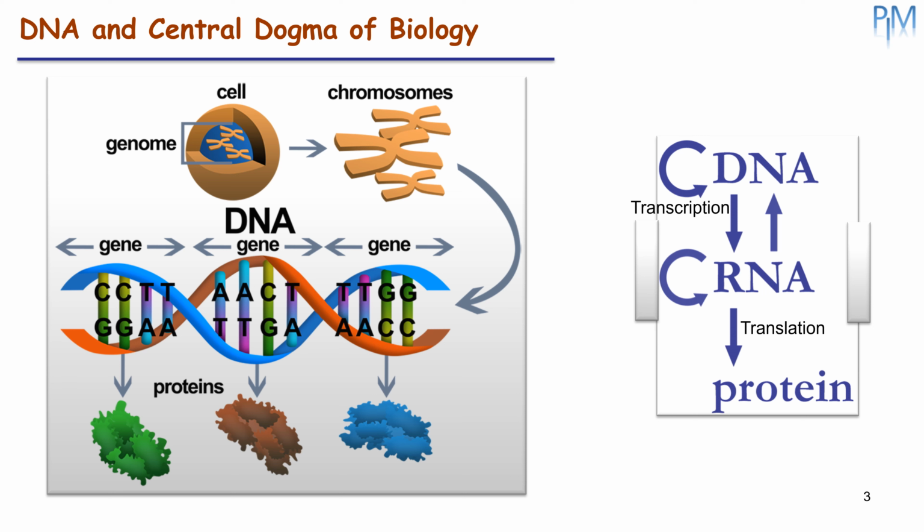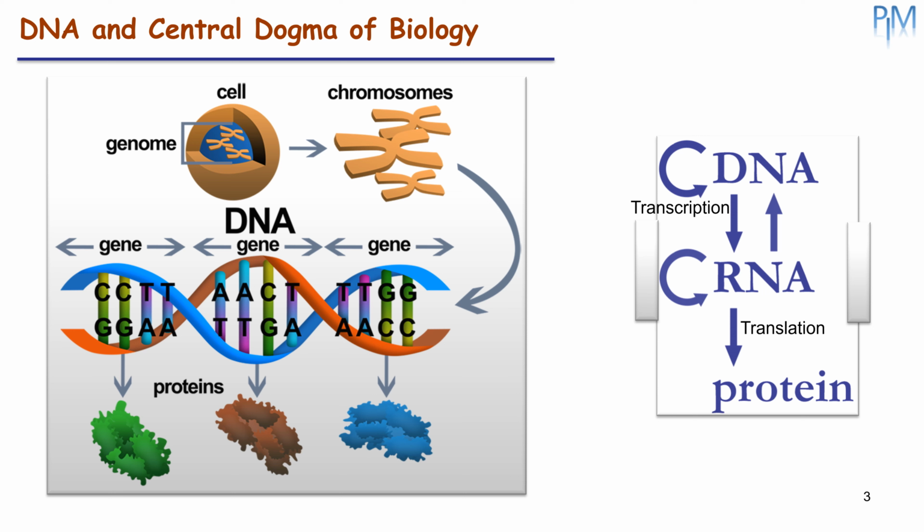Each strand has a backbone made of alternating sugar, that means the deoxyribose, and phosphate groups. Attached to each sugar is one of four bases: adenine, cytosine, guanine, or thymine.